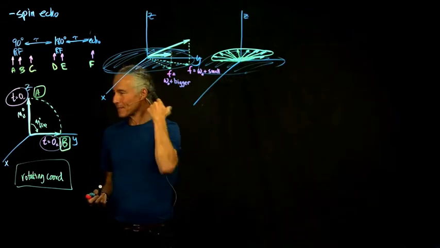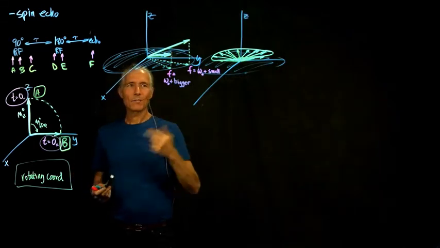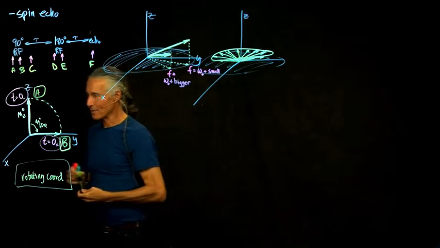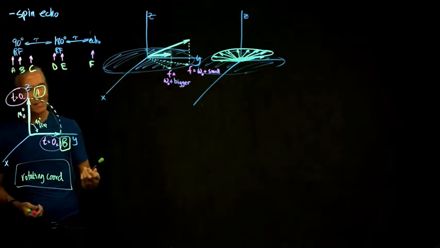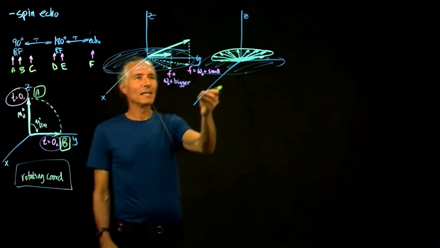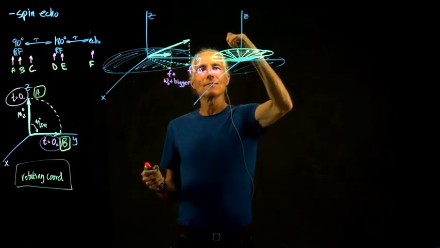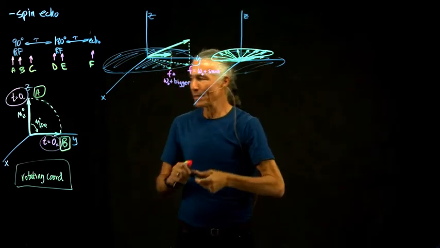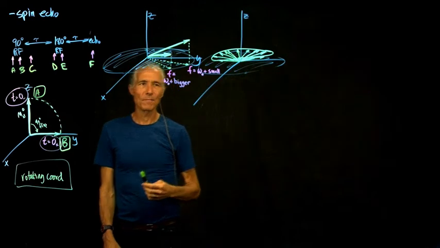And then what happens? They cancel each other out. They might not exactly cancel each other out, but because they're all spreading out by different amounts, there's definitely going to be a lot of canceling going on.